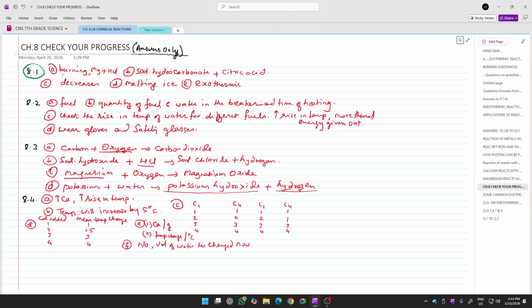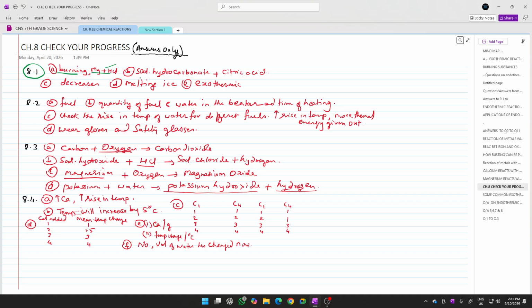These two are also nothing but exothermic reactions. So the answer can be exothermic reaction, which I have written for E also, but for A you can write exothermic reaction along with burning, and magnesium ribbon placed in hydrochloric acid. This also you can write.